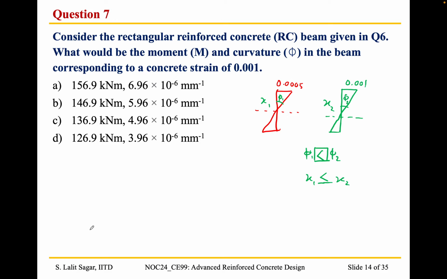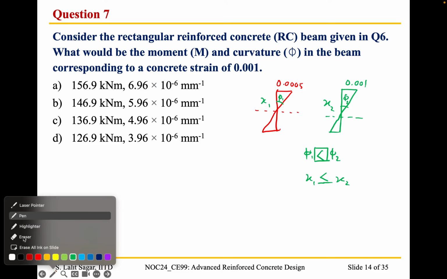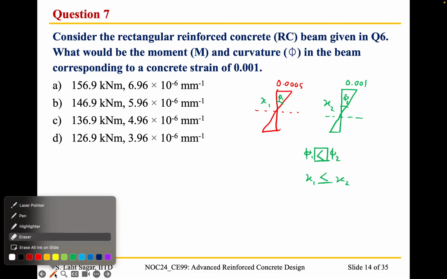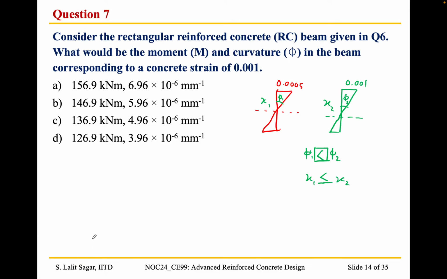Okay, so again I would like to reiterate it once again. I will just give you a flow chart. Let me take a different color just to break the monotony. If you are able to internalize this particular procedure, you can solve any problem related to this. But again you need to make use of the Excel sheet, so I recommend that you do it.